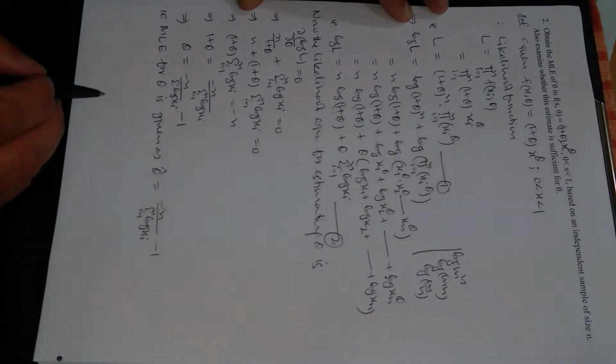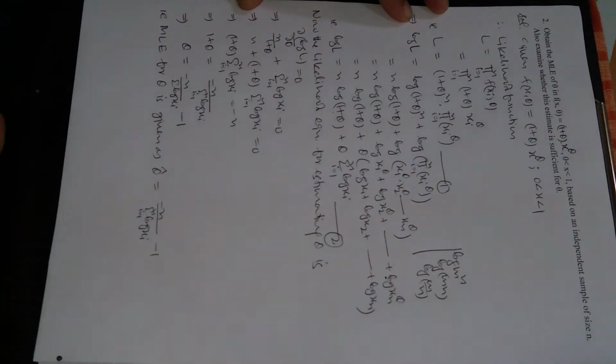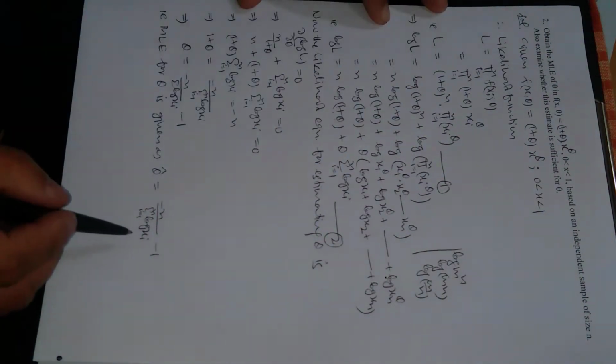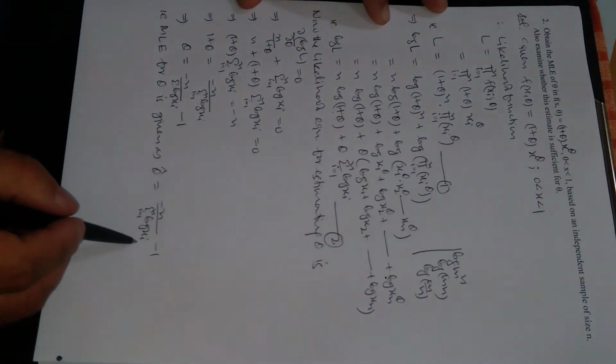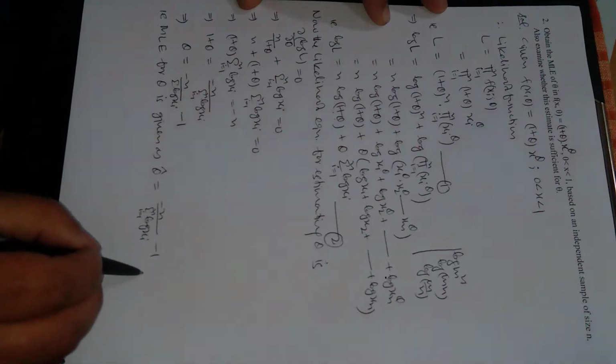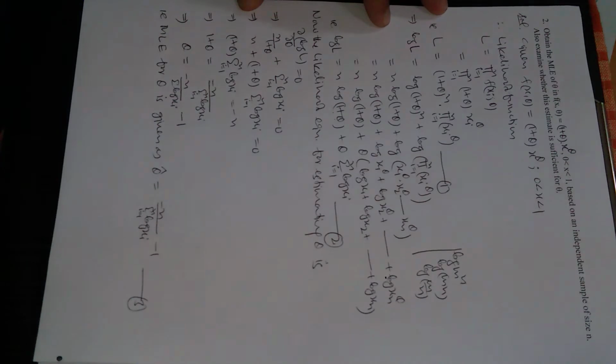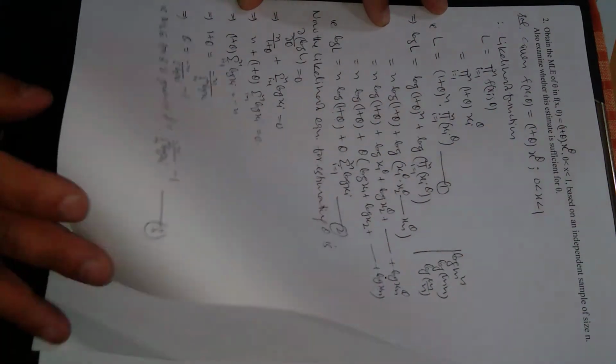So this is the maximum likelihood estimator for estimating theta. Now further we want to show whether this estimator that we have evaluated just now, let us call this equation number 3, is a sufficient estimator for theta or not. Let's see.